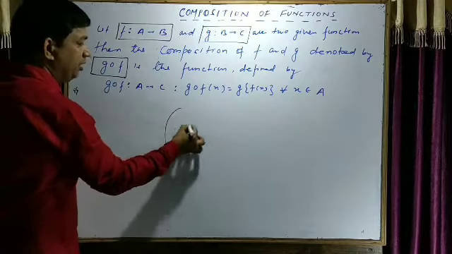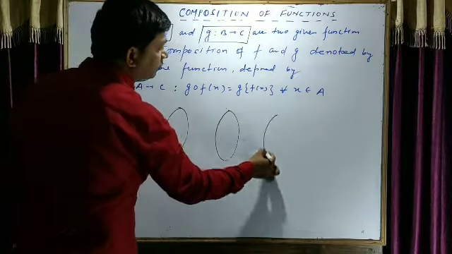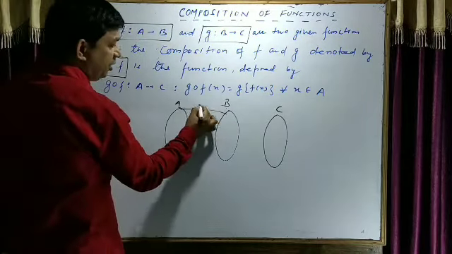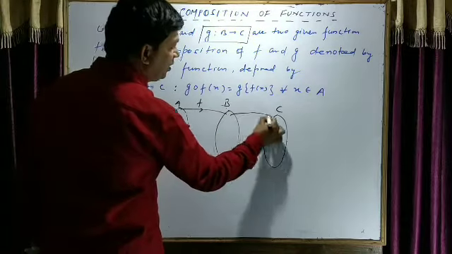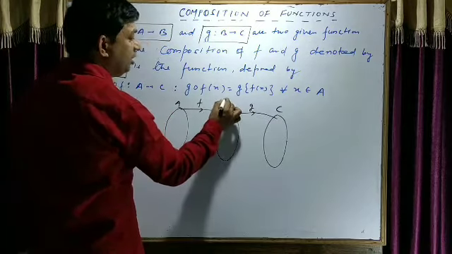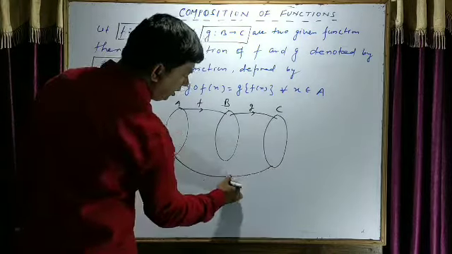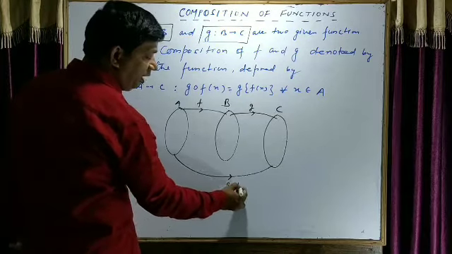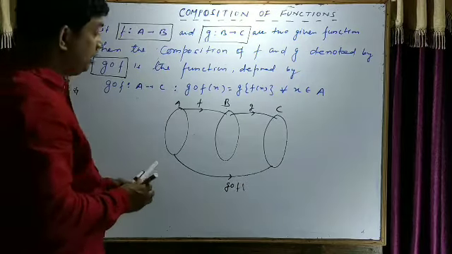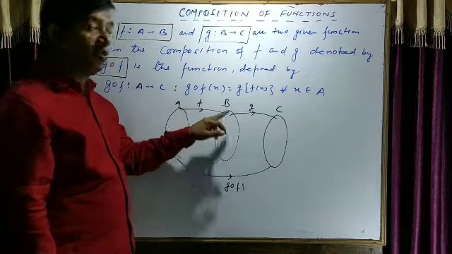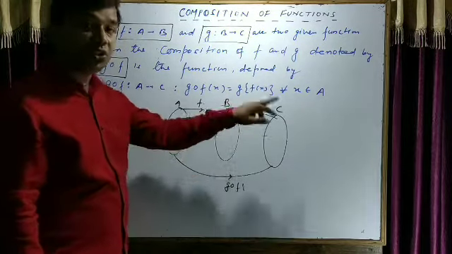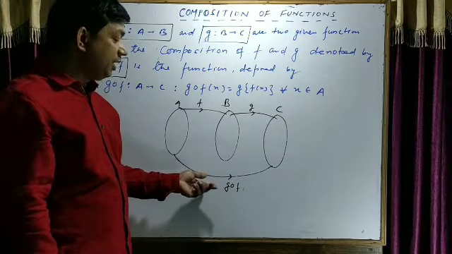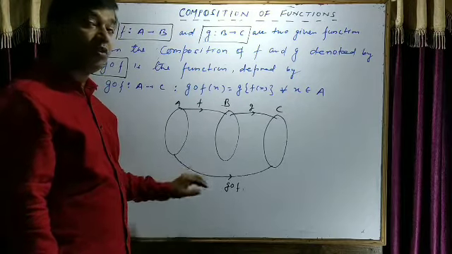You see it as a diagram. One set is A, another is B, and this is C. So one function f is from A to B and another function g is from B to C. Then the function from A to C is called GOF, which means f composition g, and we can say it as G circle F. GOF is also a function.